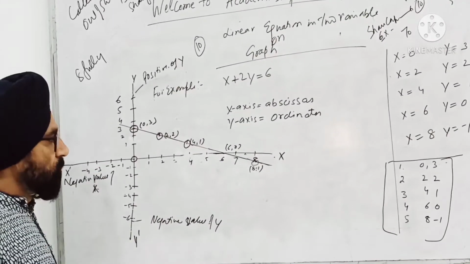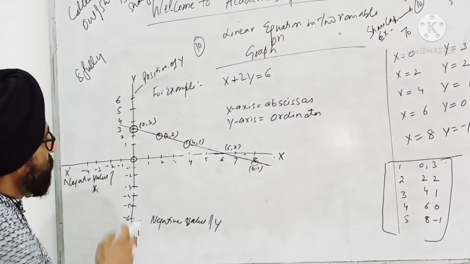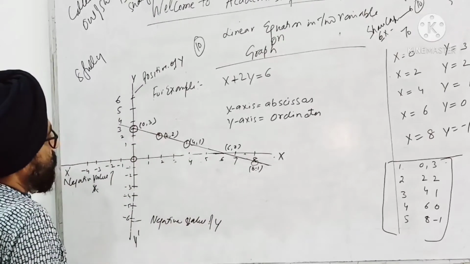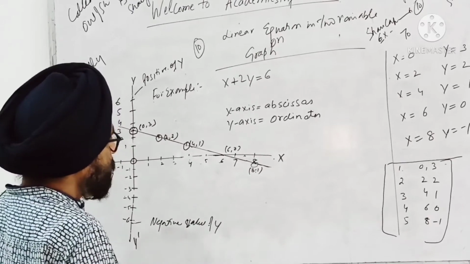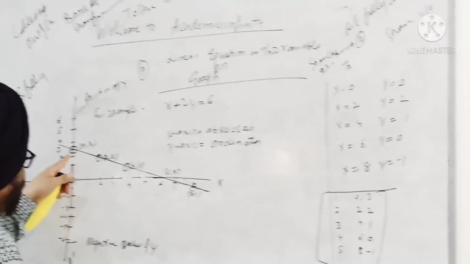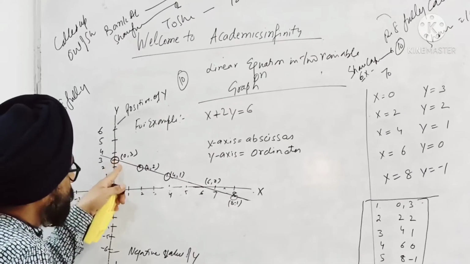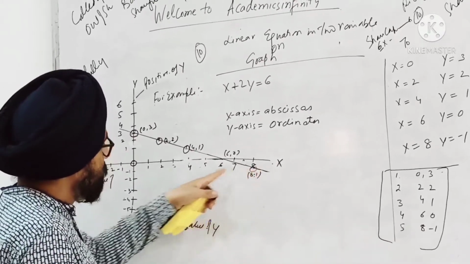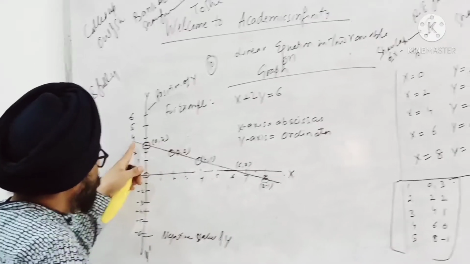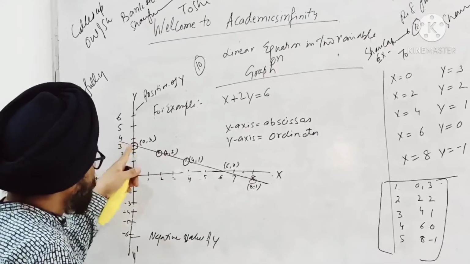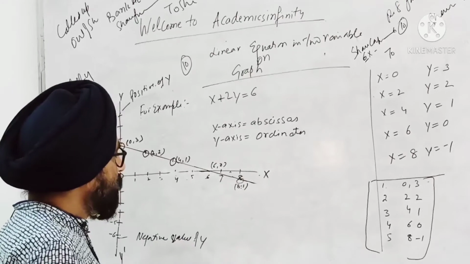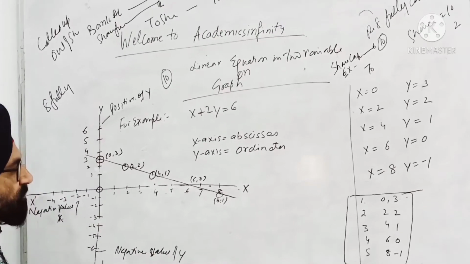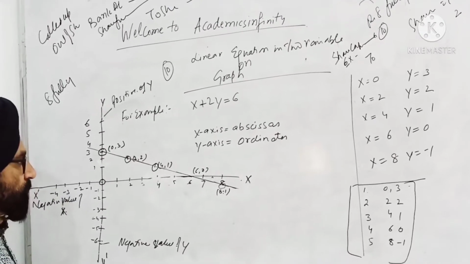Now we join all the points. Here there are 5 points. Starting from this dot to the last dot, we will see that it is a straight line. A linear equation in two variables is always presented as a straight line.